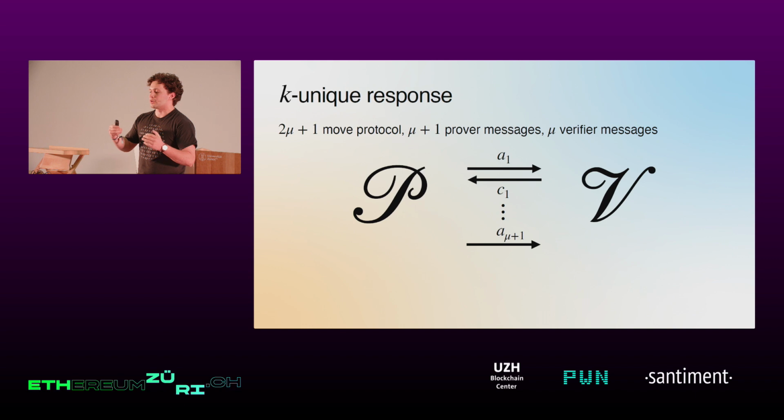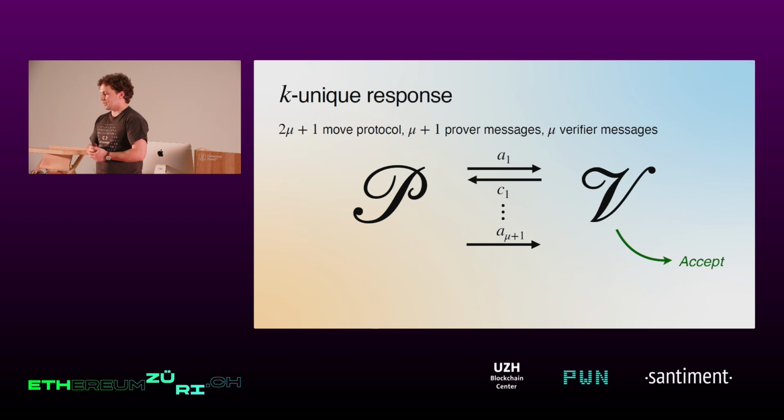So we consider a 2μ+1 move protocol. The prover always sends the first and the last message, and then the verifier sends challenges for each of these messages except the last one. So here's an interaction between a prover and a verifier, and let's just say the verifier accepts.